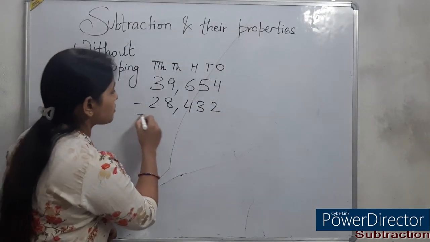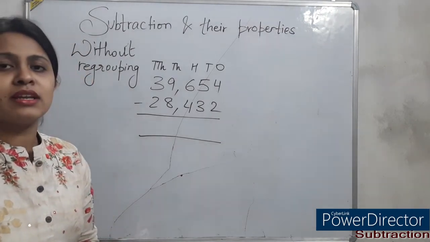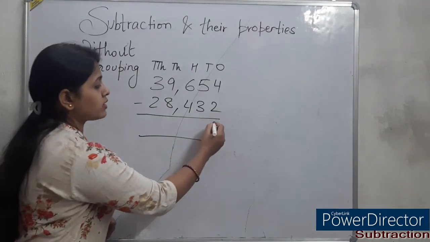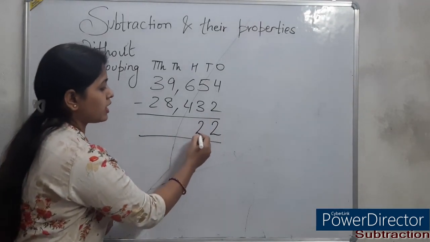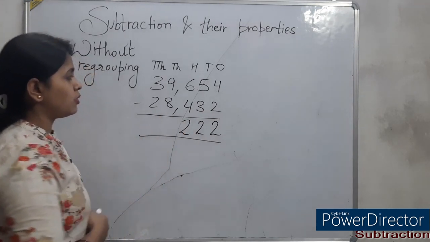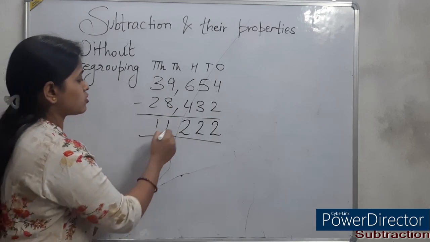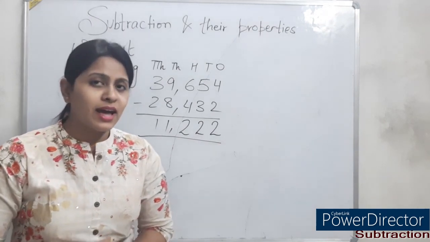Now we subtract. In the ones column there is 4 and 2. When we subtract 2 from 4, we get 2. Now 5 minus 3, again 2. 6 minus 4, again 2. Now 9 minus 8, 1, and 3 minus 2, 1. 11,222 is our required answer.